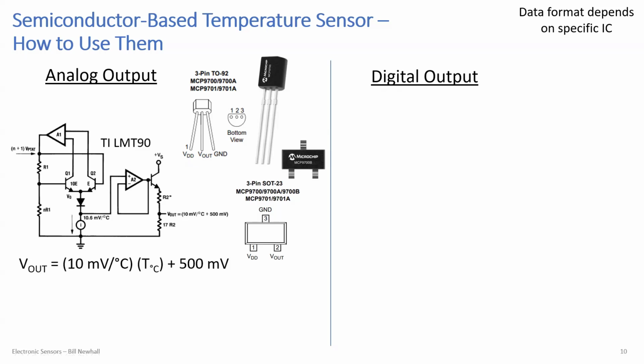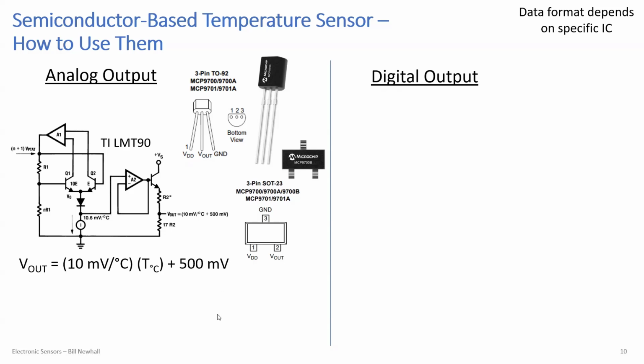And here's a schematic of what's inside. So here are your couple transistors here. Right? You have a current flowing down, and you have an amplifier and an output stage. Okay, so the V out here is designed to have 10 millivolts per degree C. That's the slope of the voltage with respect to temperature, plus an offset here.